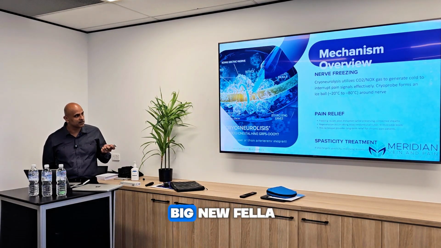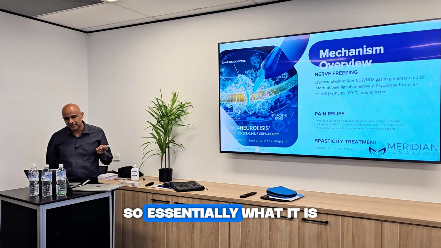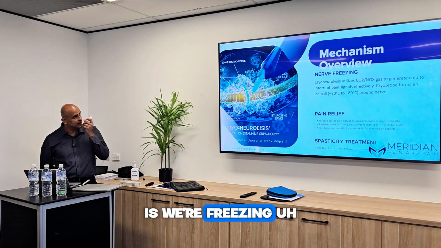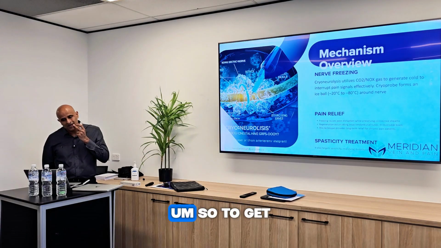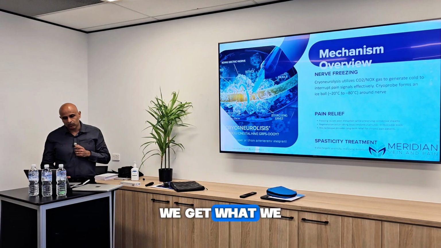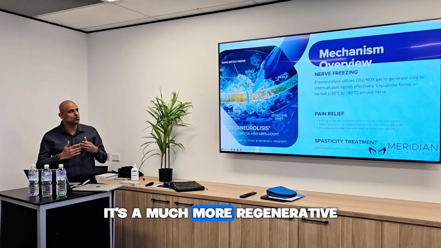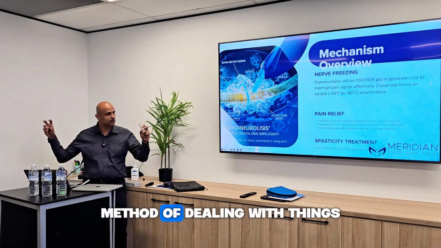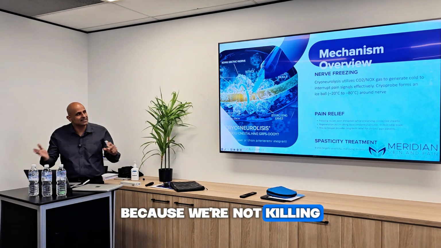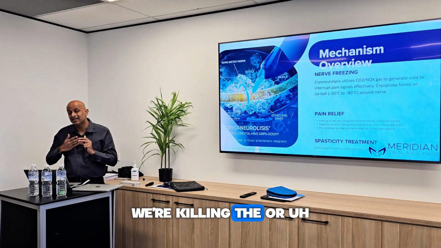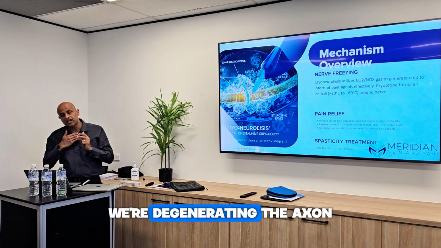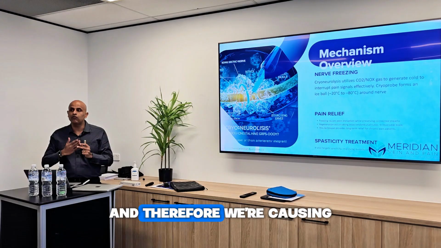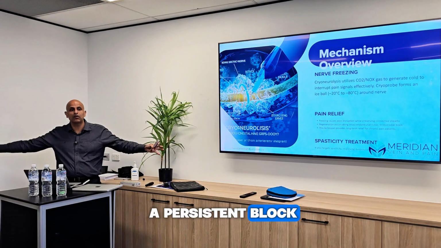Cryoneurolysis has become the big new fella. So essentially what it is, we're freezing nerves now. So we get what we call Wallerian degeneration. It's a much more regenerative method of dealing with things because we're not killing the nerve off, we're degenerating the axon, and therefore we're causing a persistent block.